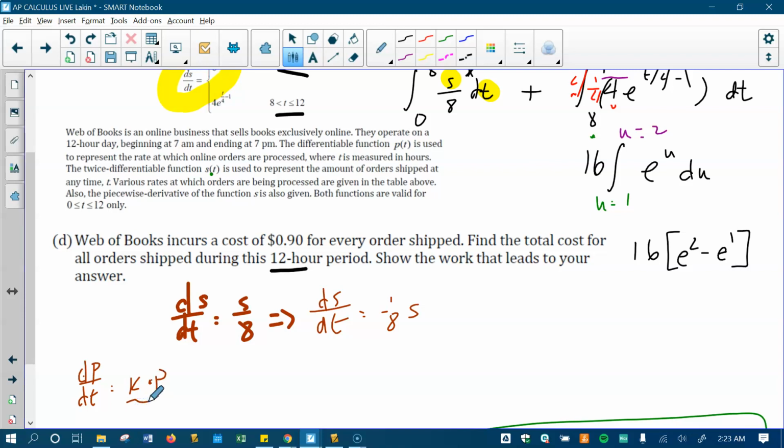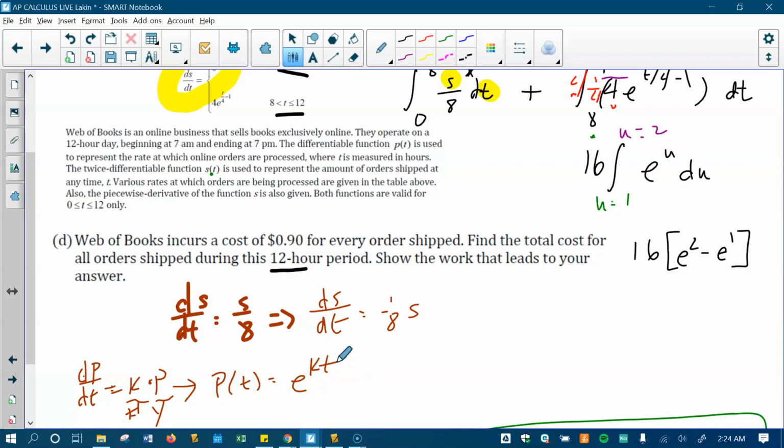Again, proportionality, when there's a number in front of the y value. If you can recognize that, then you can jump right to p of t as e to the kt. Automatically. You don't have to integrate anything.